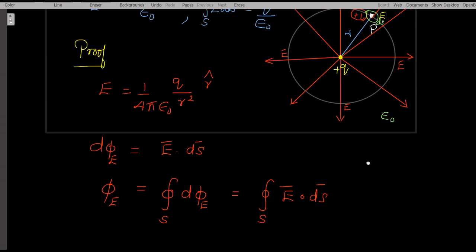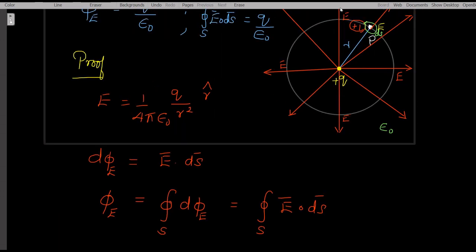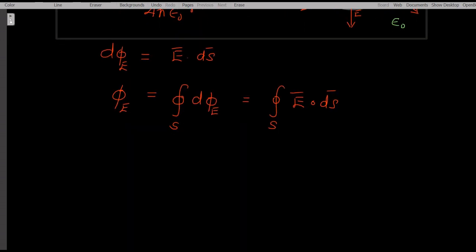Hence, the total surface area is the surface area of the sphere we considered around the point charge plus Q. So total flux phi E is equal to E into integration over S dS. And how much is this integration over S dS? We know the total surface area of the sphere is 4 pi r square.